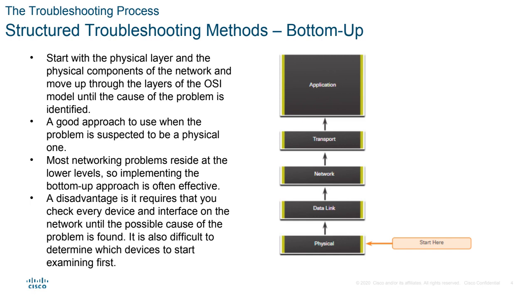So the first thing is to check the physical, because most network problems reside in the lower levels. So implementing the bottom-up approach is often effective. So the troubleshooting method is bottom-up. Bottom-up means you start from the physical layer. Maybe the cable here is loose, or your access point is switched off.